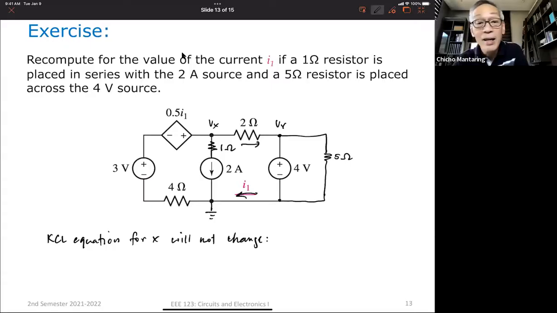Okay. The only thing that will change is the current that is supplied by this 4-volt source. Just like the only thing that will change here is the voltage across my 2-ampere source. So that's an observation for when you put a resistor in series with a current source, or a resistor in parallel with a voltage source.